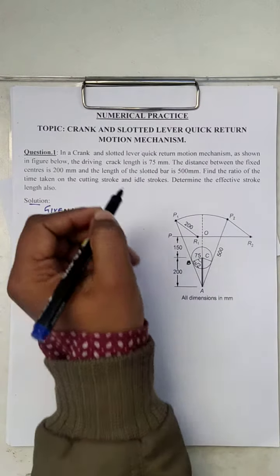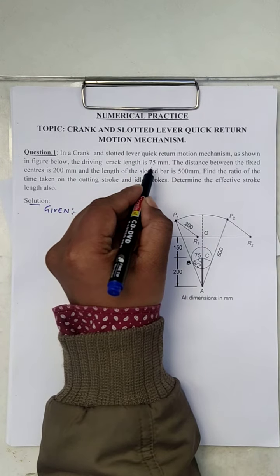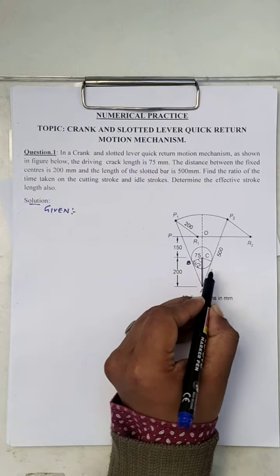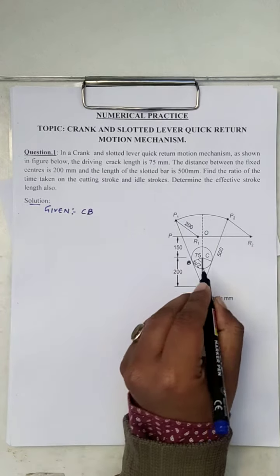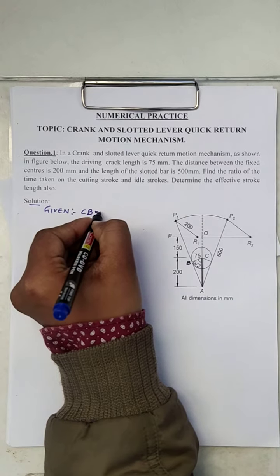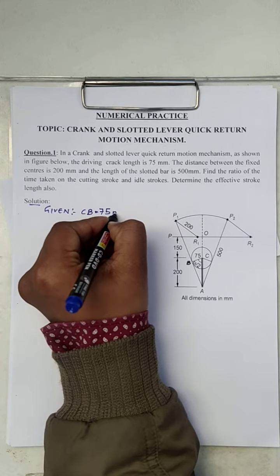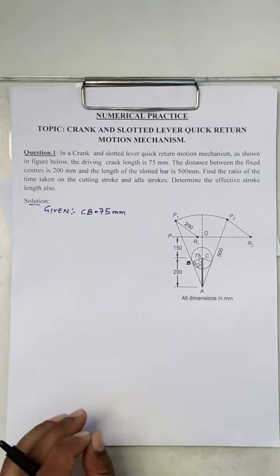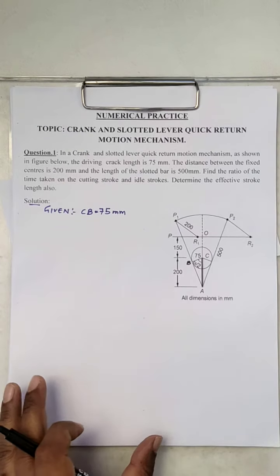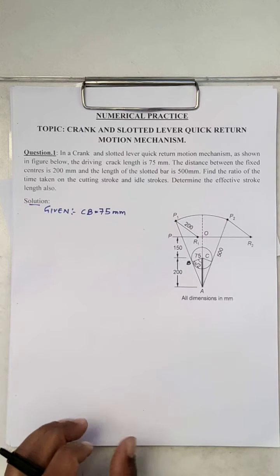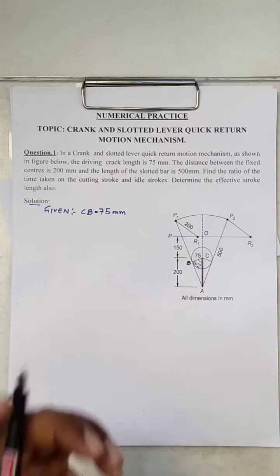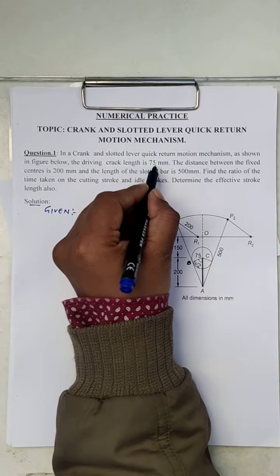So in this figure we are given that crank length is 75 mm. So as you can see in this particular figure, this CB is 75 mm. Make sure we will take one single SI unit for the entire problem. That means if we are taking the dimension in mm, we will take all the dimensions in mm only. So the crank length is 75 mm.